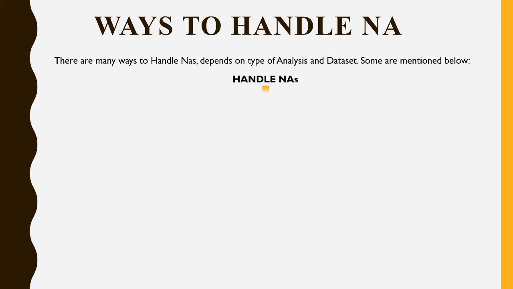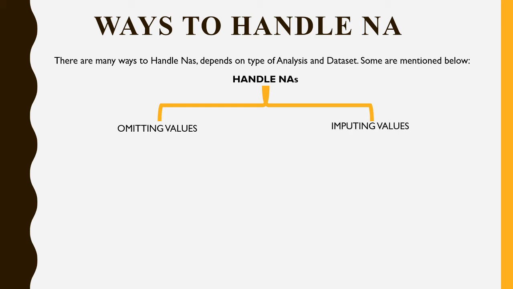When we are going to handle NAs, we divide the handling methods in two ways. One way is called omitting values and the other way is called imputing values. Omitting values means we will be removing the data from any place where NA is mentioned.